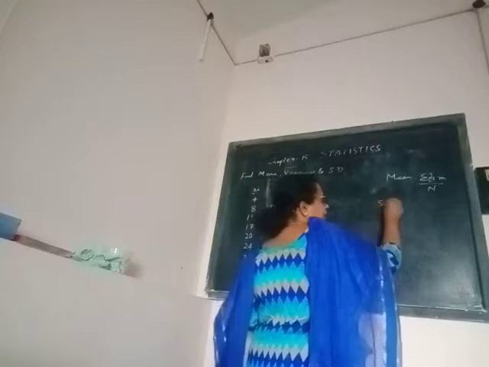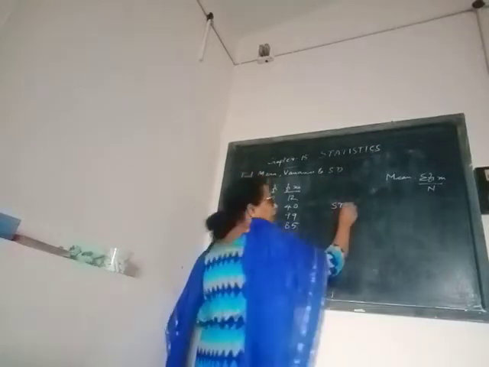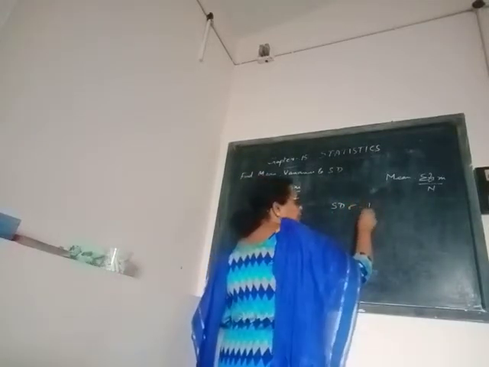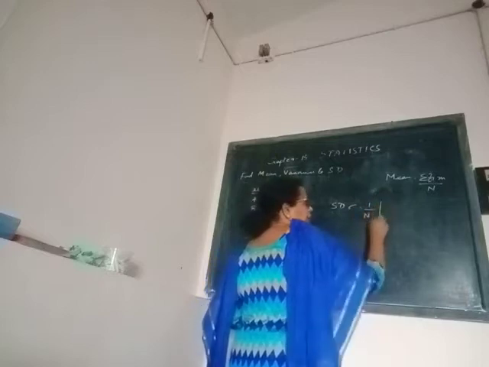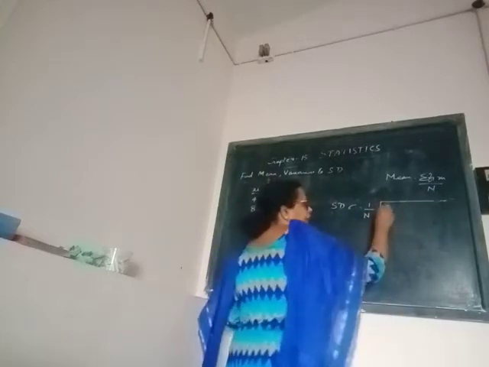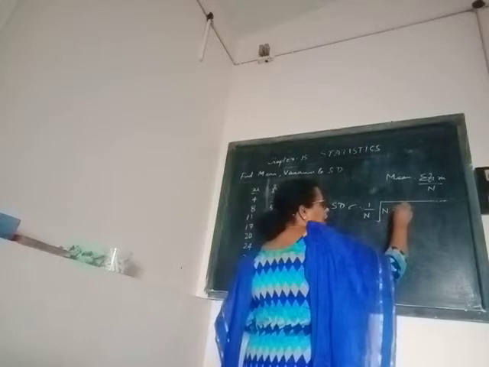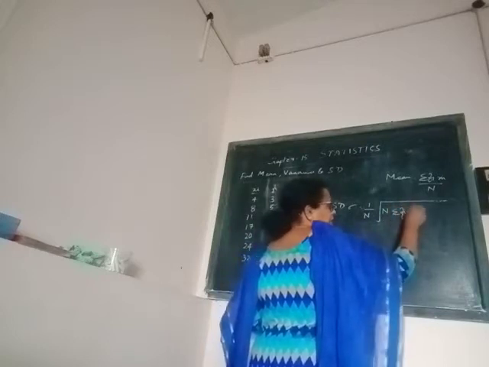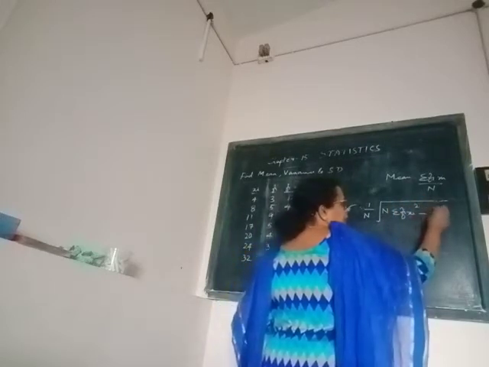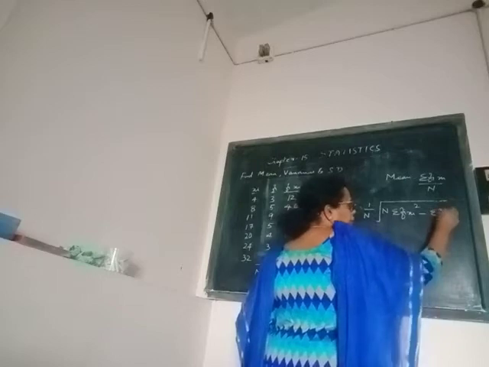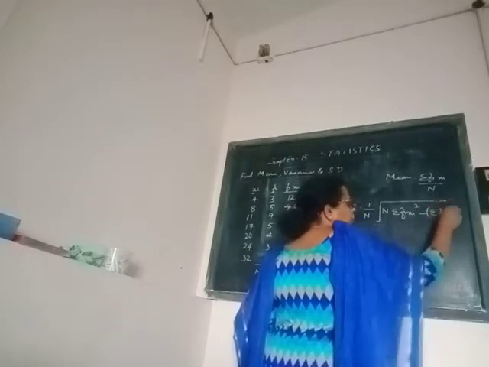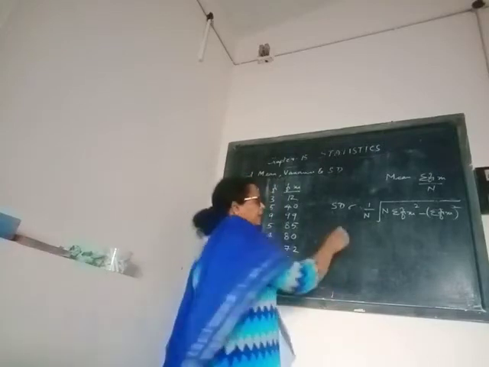But for standard deviation sigma, we will use the formula 1 by n root of n sigma fi xi squared minus sigma fi xi whole squared. I am repeating the formula again.